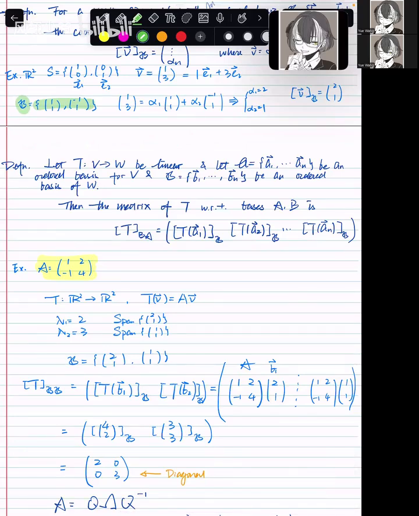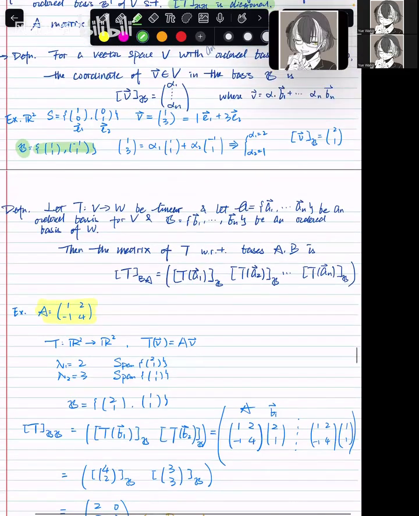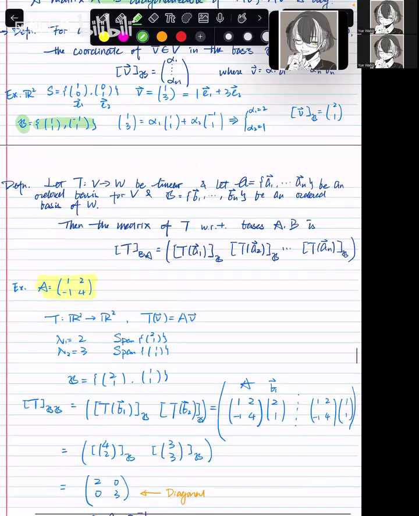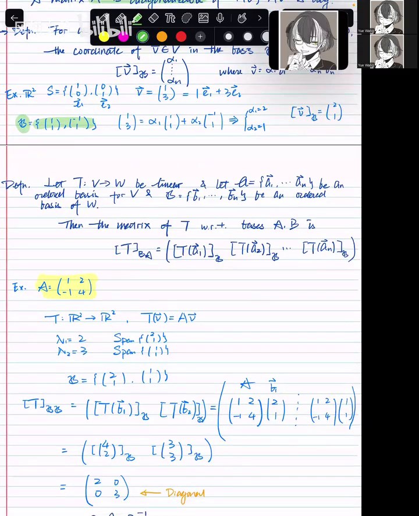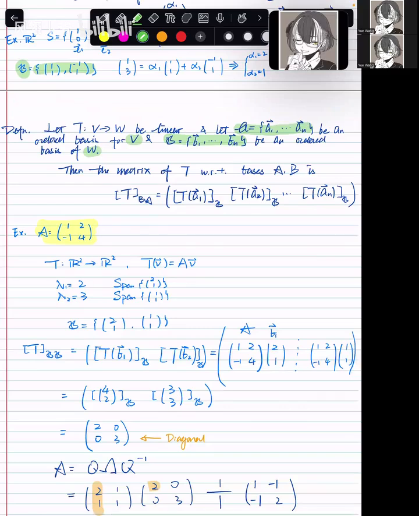Now let's introduce the notation of a transformation. If we have T from V to W, and we let it be linear, and we let A, a1 through an, be an ordered basis of V, and B, b1 through bn, be an ordered basis of W, then our matrix of T with respect to bases A and B is called T_BA.